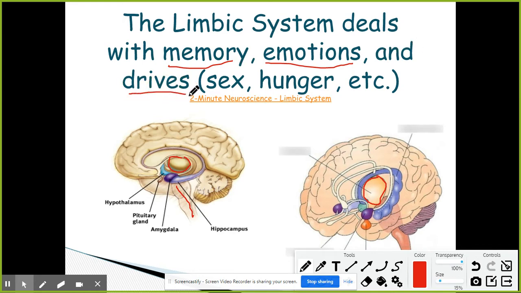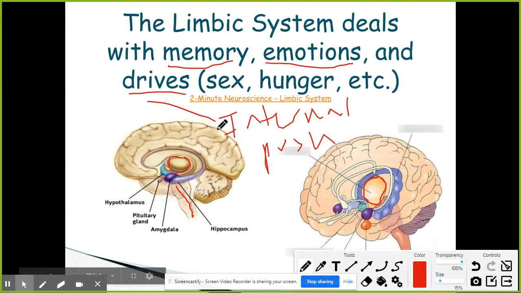And then drives. Okay, so anybody know what is a drive? Yeah, okay. A drive is an internal push, something biological that causes you to behave in a certain way.